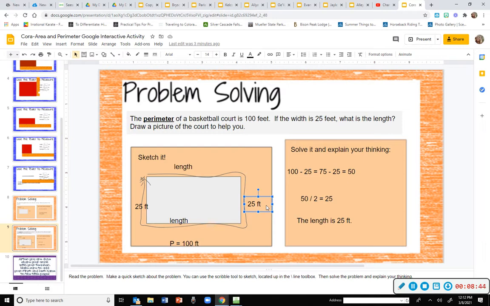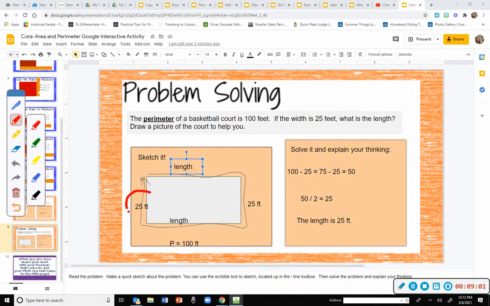Okay? Now, step 1, when you're finding a missing side, we don't know these two right here. How are we going to find that missing side? Good. Add the 2 sides we know, which is 25 plus 25.